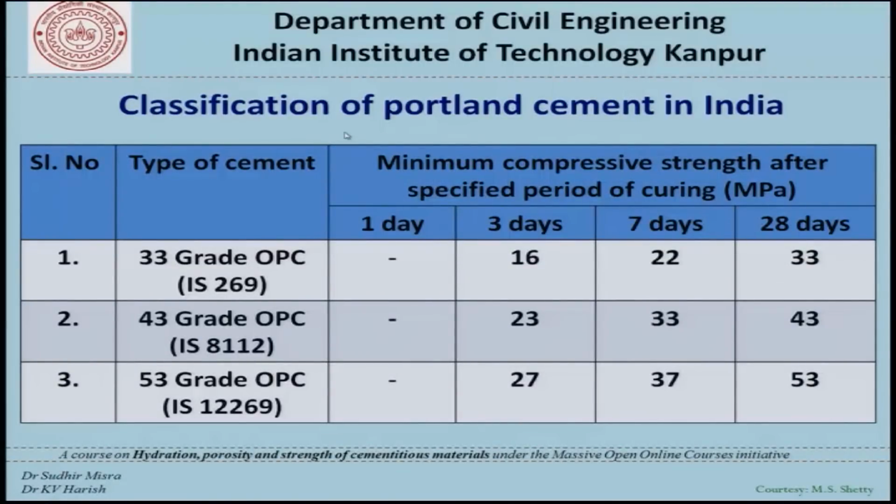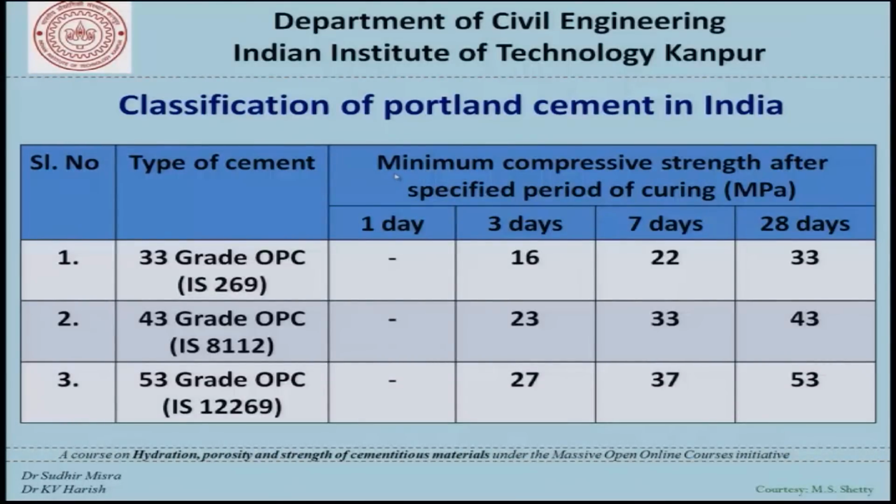The Portland cement in India is classified into 3 different types. In the table, what you see is 33 grade ordinary Portland cement, 43 grade ordinary Portland cement and 53 grade ordinary Portland cement, and these 3 grades are as per Indian Standard specifications 269, 8112 and 12269 respectively.